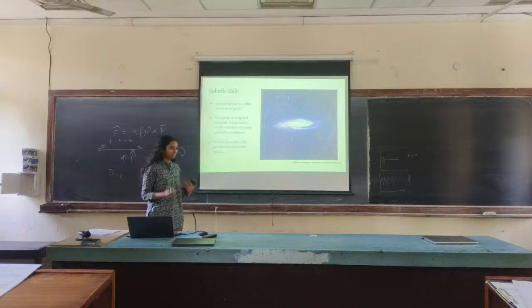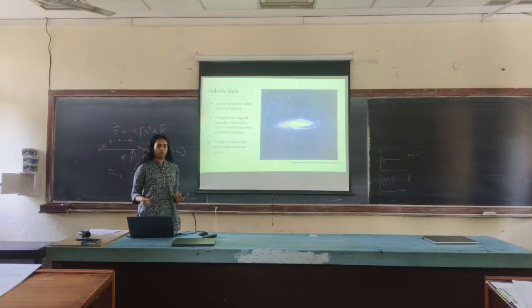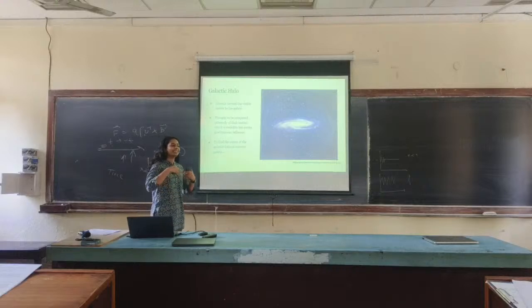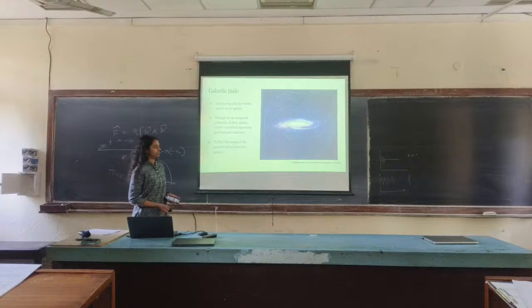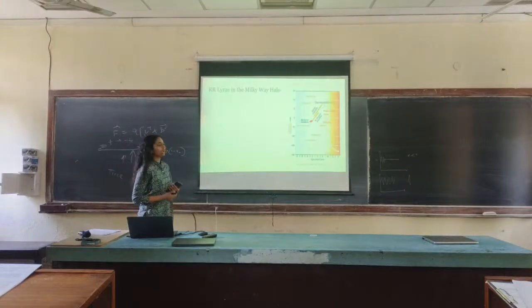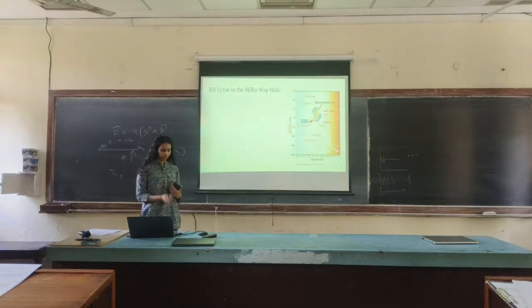It also consists of the dark matter surrounding the galaxy, which we know is invisible but has some gravitational influence. Now, a question we can ask is, what is the extent of the galactic halo surrounding a galaxy? To answer a question like this, especially for our own galaxy, the Milky Way, we look at stars called the RR Lyrae stars in the Milky Way halo.